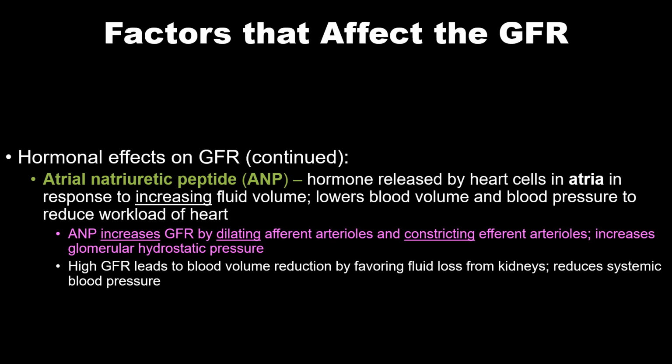And in combination, this basically turns up the faucet and clogs the drain at the same time. So this is going to massively increase glomerular hydrostatic pressure, raising filtration rates. A GFR that's this high is going to lead to a lot more fluid loss, and that's going to lower blood volume and effectively lower blood pressure.